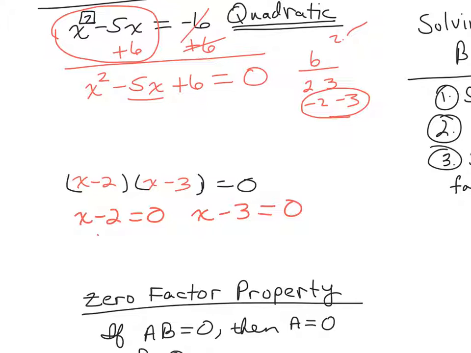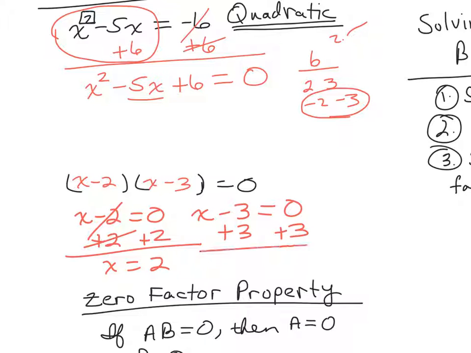On the left side over here, I'm going to add 2 to get the x by itself. And I'll have x equal to 2. There's one solution. And over here, we'll add 3 to both sides. Negative 3 and 3 cancel, and we'll get x equal to 3.